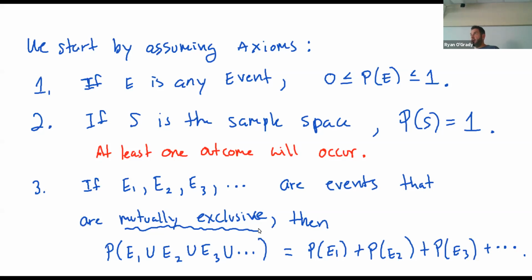So those events can't occur at the same time. But there are events that could occur at the same time. If I'm rolling a pair of dice, I can roll a 5 and I can also roll an odd number. But the event of rolling a 5 and an even is not the same. Do we understand that?